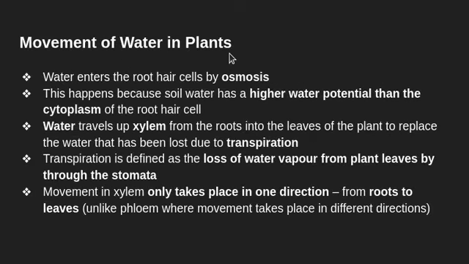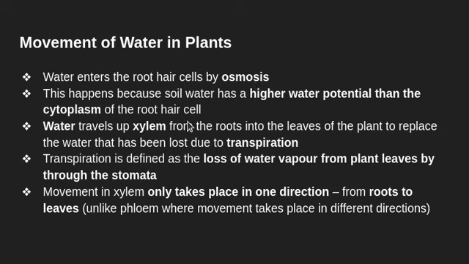Let's start with the movement of water in plants, right? First, we have water in the soil. The plants get water from the soil, right? So water enters the plant through the root hairs by the process called osmosis. That's the point to note there. Osmosis is the process by which water enters the plant, right?